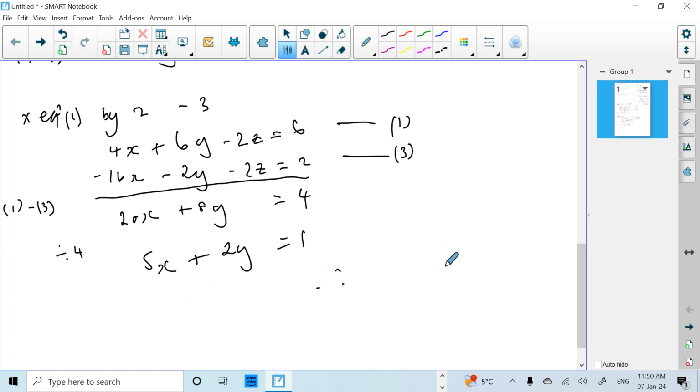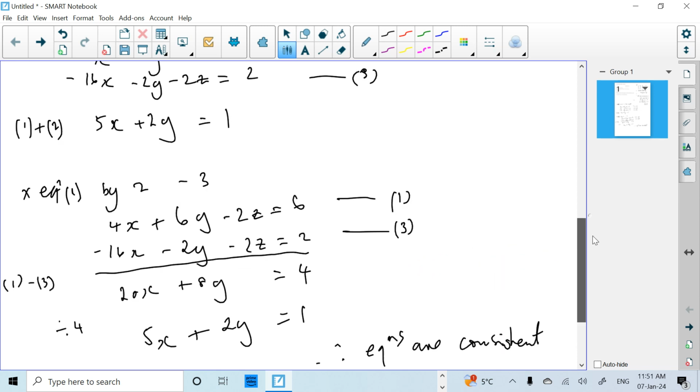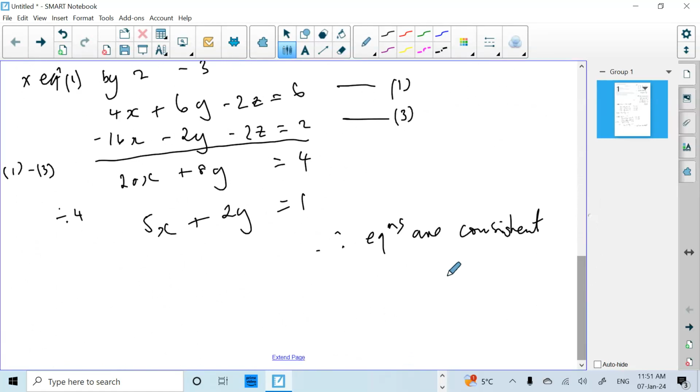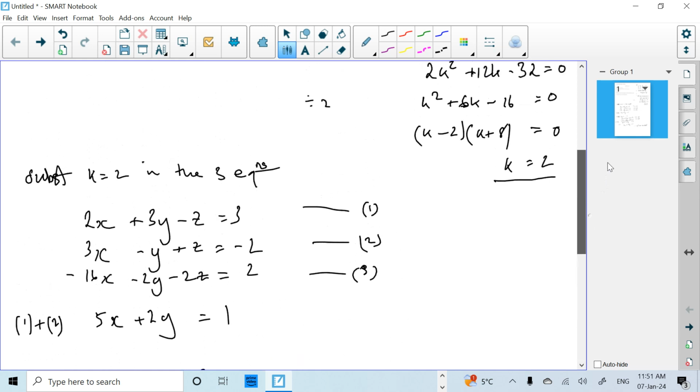From here, that should be enough for the 3 marks. Therefore, the equations are consistent. I shouldn't have to overcook it by doing 2 and 3, it's enough.